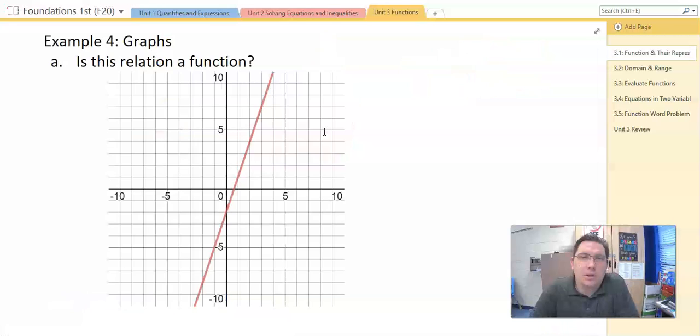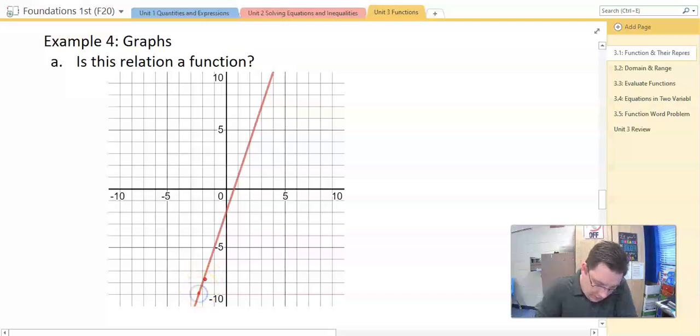All right, so we're going to go next to graphs and talk about whether they are functions or not functions. So in example 4 here, we're looking at graphs of relations and knowing if they are functions. When we see this line here, remember, a line is composed of infinitely many points along that line. Every single one of those points represents an ordered pair.